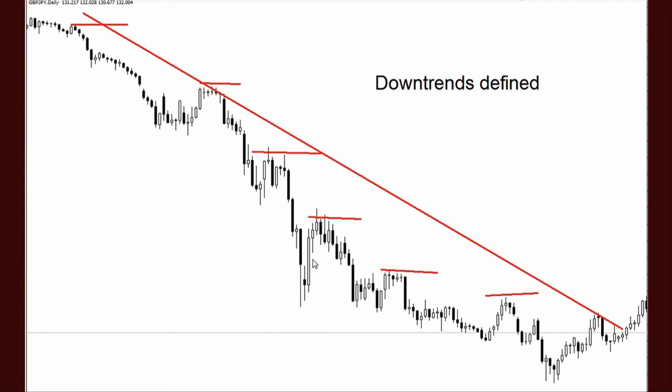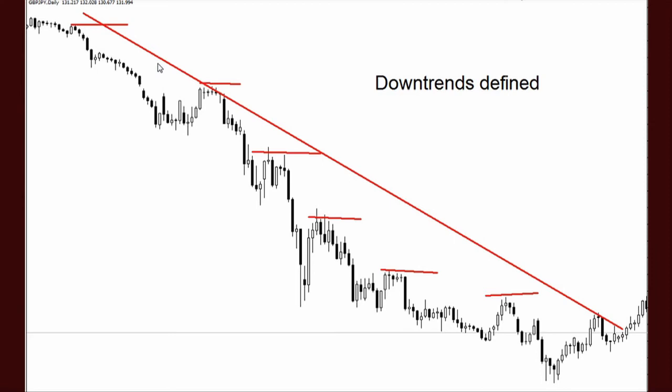And then we have this pullback move here. Again, as we mentioned in our price action video, this is the first opposite color candle after at least two in a row, and this candle pierced or closed at least 50% into the body of this candle. That would constitute a continuation of the downtrend.